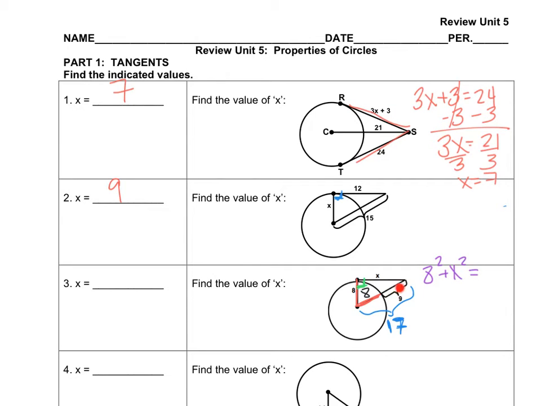This little part right here is not the hypotenuse. This whole length is the hypotenuse, so the whole length is really 17. So equals 17 squared. Okay, you want to simplify that, so write out what your values are. 8 squared is 8 times 8 is 64, plus x squared equals 17 squared, that's 289.